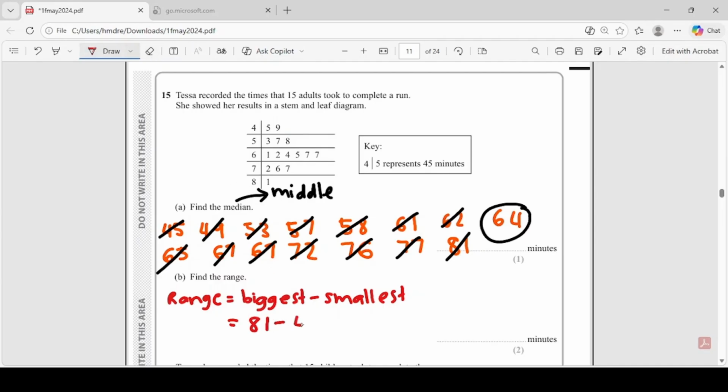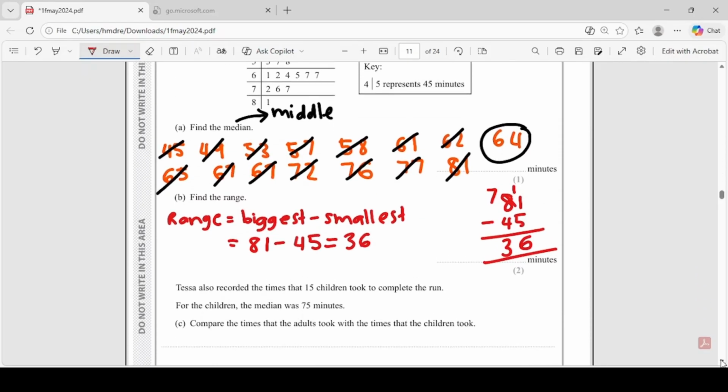Our smallest number was 45. So we're just going 81 minus 45. We have to borrow 11, take away 5 is 6. 7 take away 4 is 3. So 36 is our range.